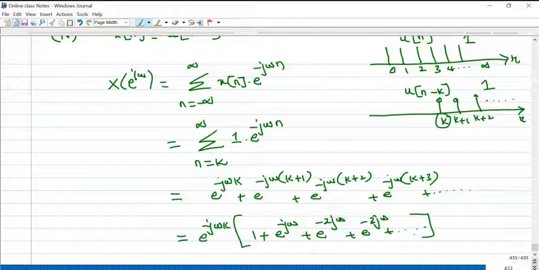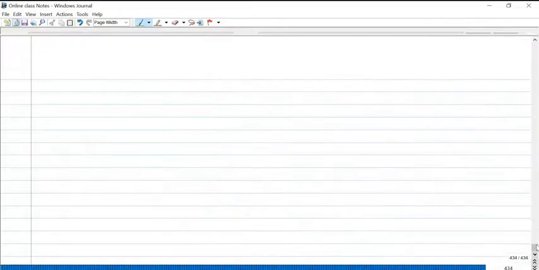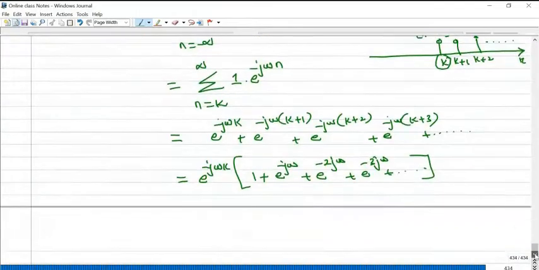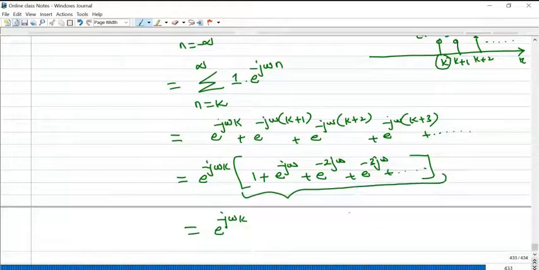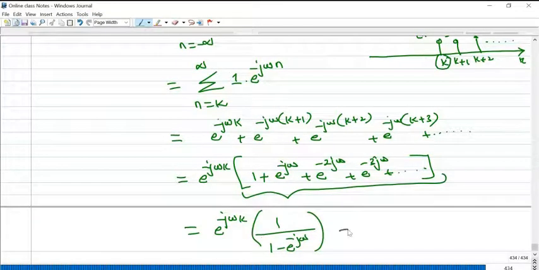Okay. So for this equation, we can write the geometric series formula. To represent this particular equation, we can write it as 1 divided by 1 minus e power minus j omega. So your result is e power minus j omega k divided by 1 minus e power minus j omega.